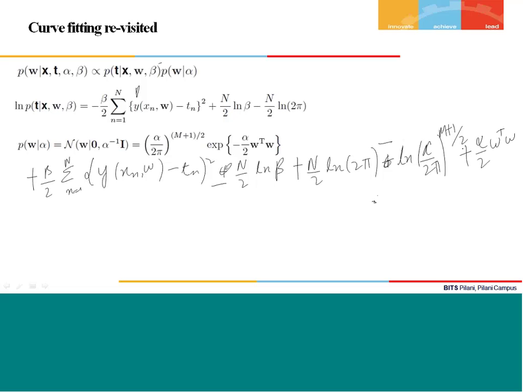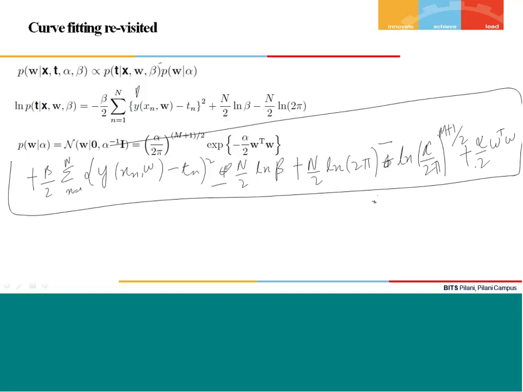So this will be the negative of the expression. At first I had to take the maximum value. Now because I have taken the negative of this function, I have to take the minimum of it. It is the same. So what is the value of w that will minimize this expression?